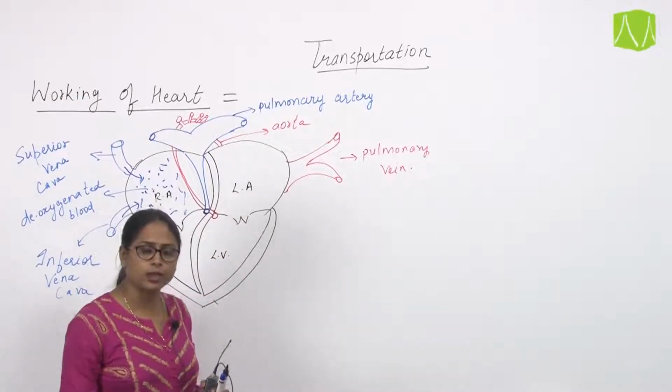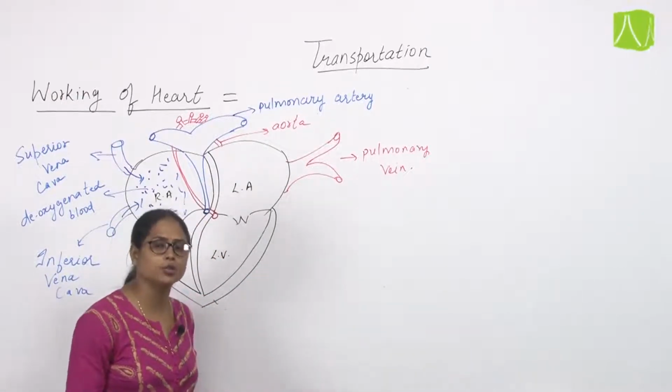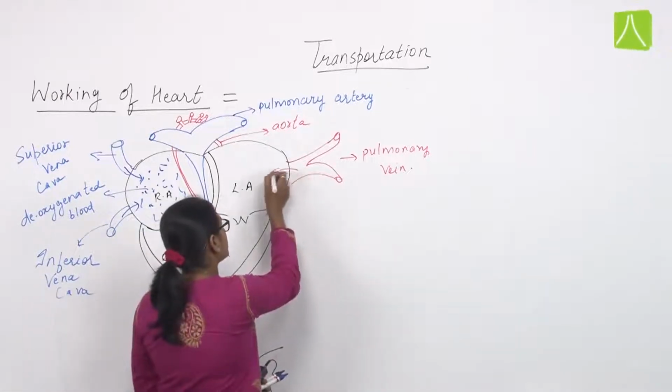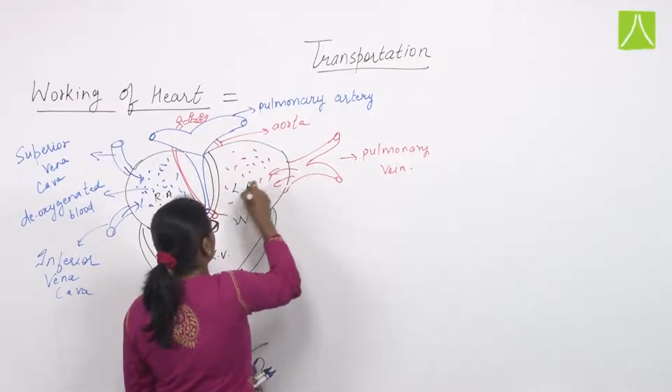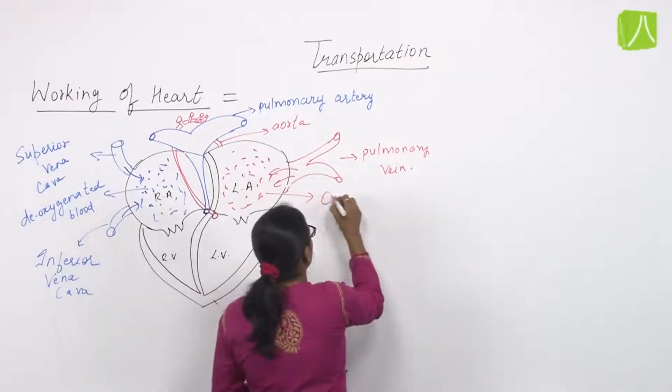This is an exceptional case of a vein, that is the pulmonary vein, which carries oxygenated blood from the lungs. So here the oxygenated blood is transferred to the left chamber.